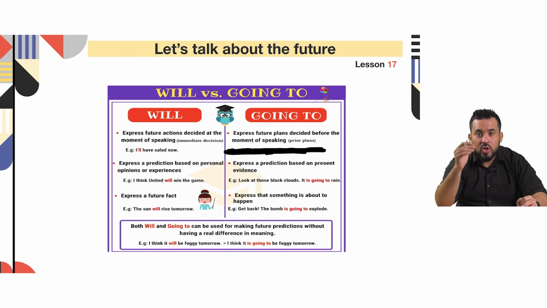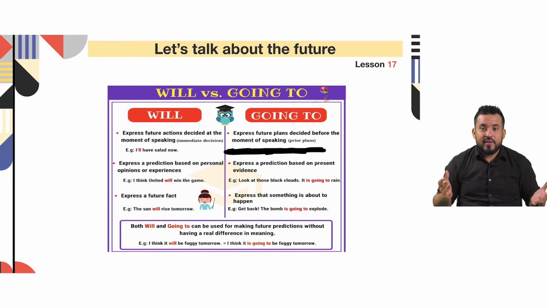Now, going to. We talked before that going to is used when we are talking about a plan in the future. It's not an arrangement yet, it's a plan. Like, I'm going to go to Germany in my holiday. I didn't buy the tickets yet, but that is my plan.